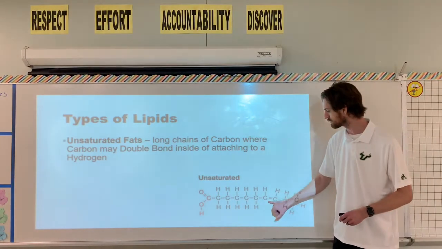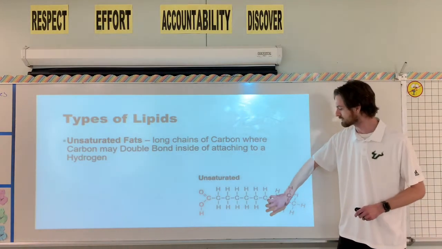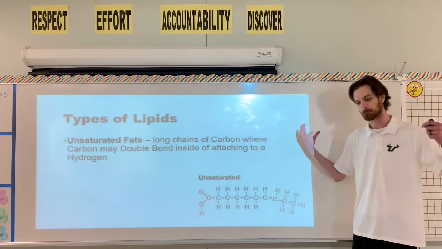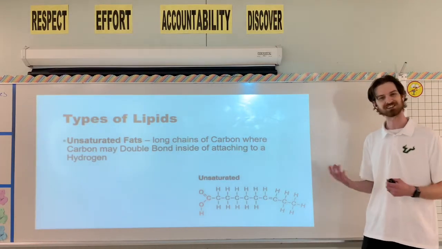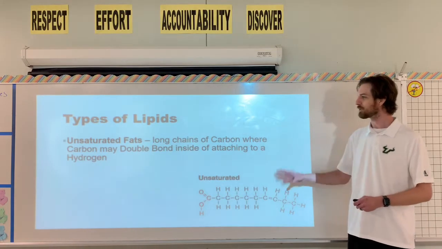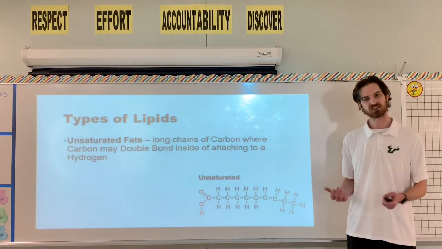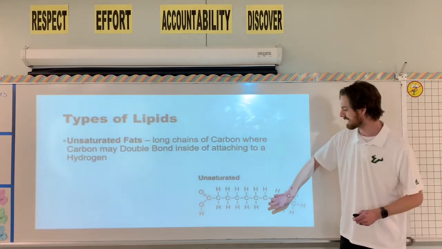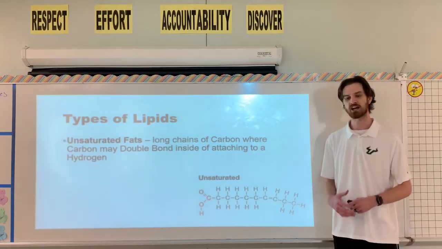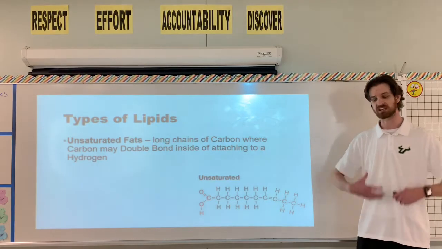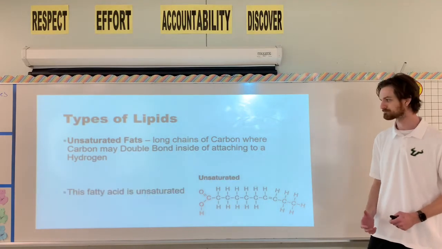In doing so, I would lose the double bond, but I would have a full set of hydrogens all around the thing. So that's the difference between saturated fats and unsaturated fats. Unsaturated fats have a little gap where there's no hydrogens present, and saturated fats have no gaps. They're completely full. They can't fit any more hydrogens on them.